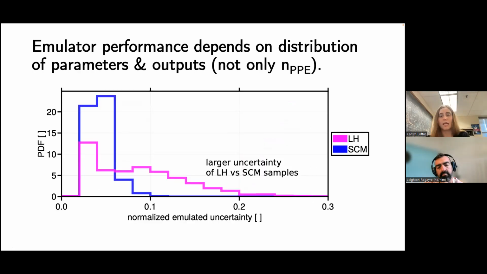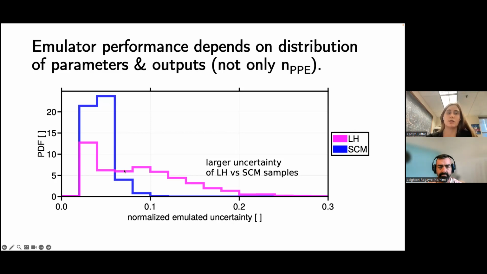So here I've basically taken all of those error bars from the previous slide and collected them into a histogram. And we can see that the emulated uncertainty PDF is significantly different between the Latin hypercube samples and the single column model samples, even though we have more Latin hypercube samples than single column model samples in our PPE.